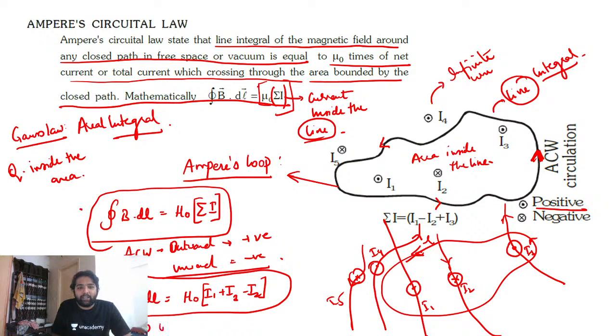Sorry, my bad, it will be in the anti-clockwise direction. The anti-clockwise magnetic field across the entire loop will be given by this particular simple example. I hope you understood this.